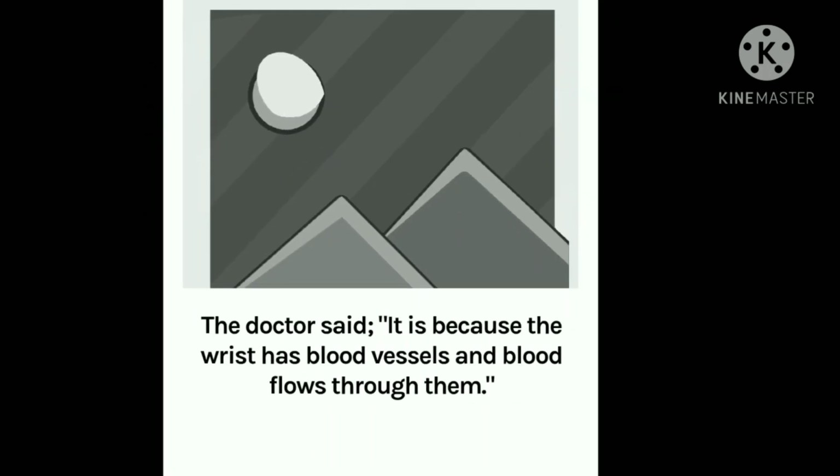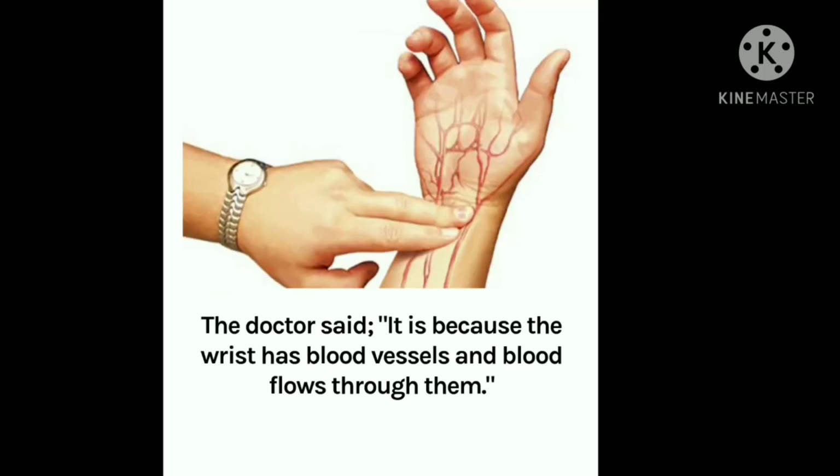The doctor says it is because the blood vessels, and blood flows through them. You also experience the same whenever you go to the doctor. While checking you, the doctor first checks your heartbeats.